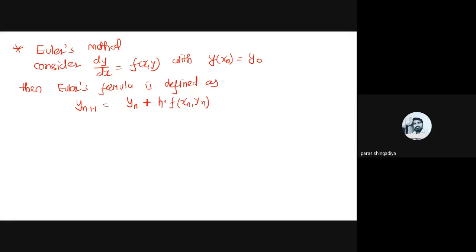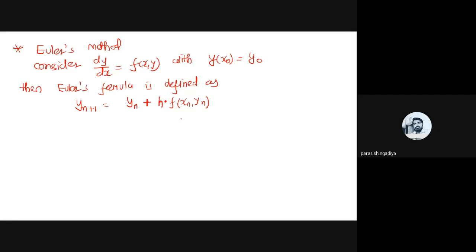By using that we can predict how many iterations are required. As we said in this theory, we can find the output directly, not the solution. For example, here we require y of 3 for the function dy by dx is equal to f of xy, so we can predict this output directly. First, we will not solve the differential equation; we'll find the output directly. Clear?